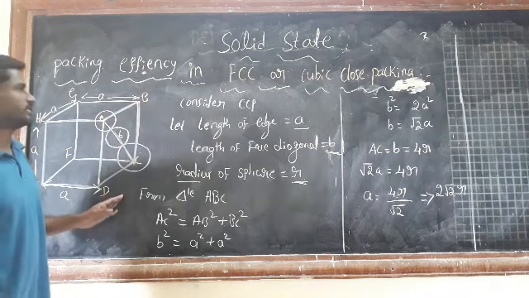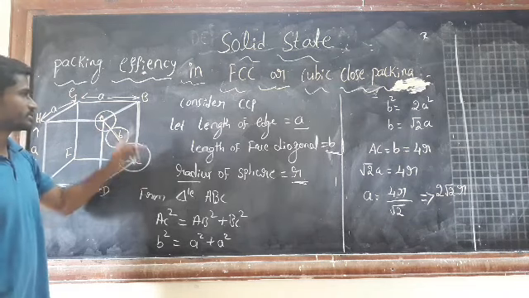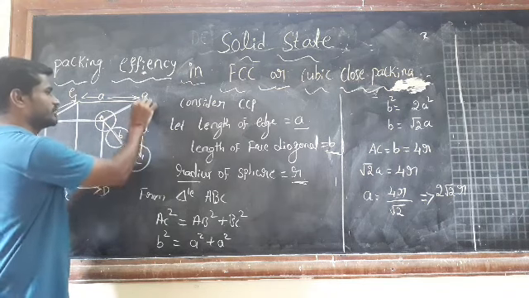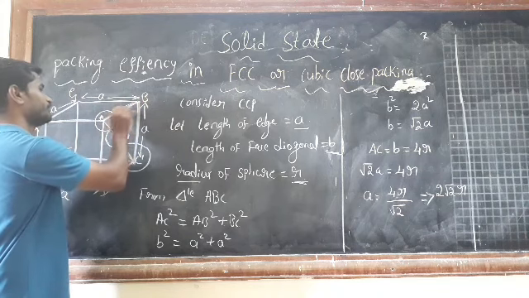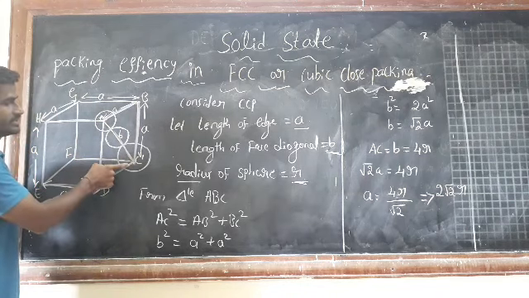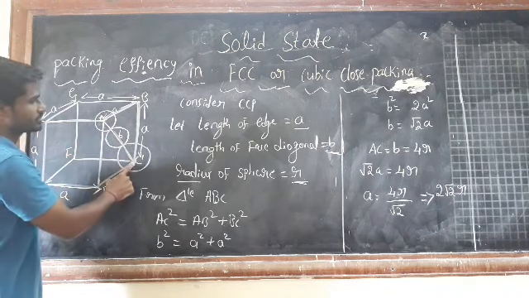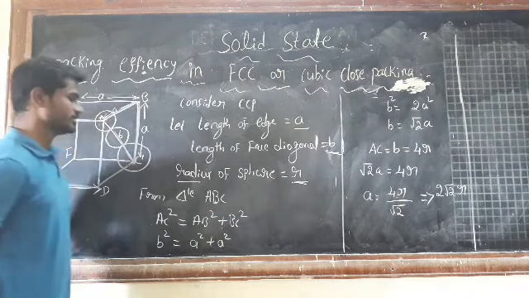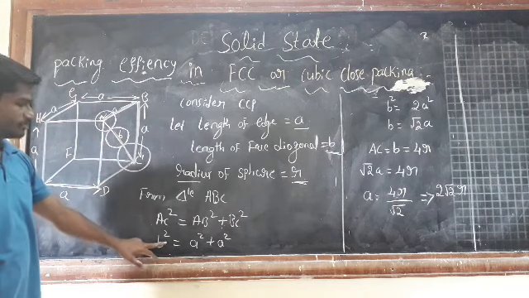From the Pythagoras theorem, AC square is equal to BC square plus AB square. The length of BC is A and the length of AB is also A, and we want AC. The length of AC is B, so AC square means B square.